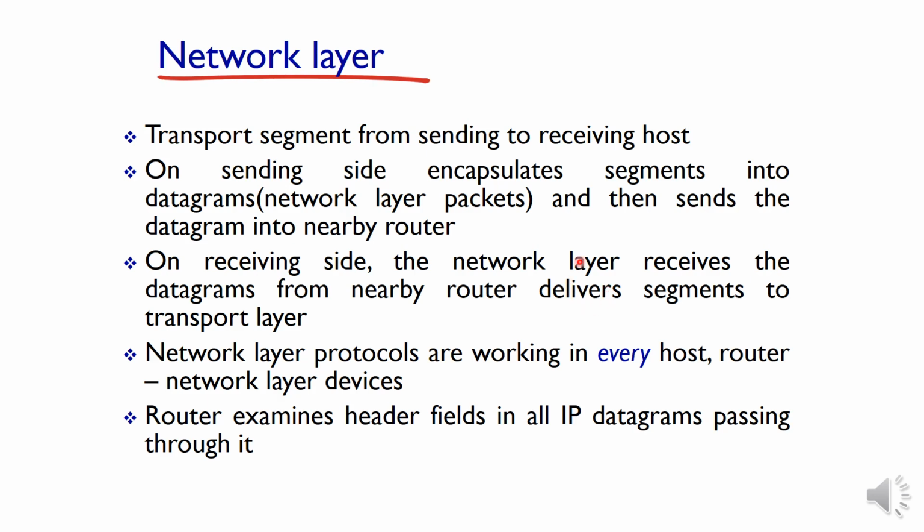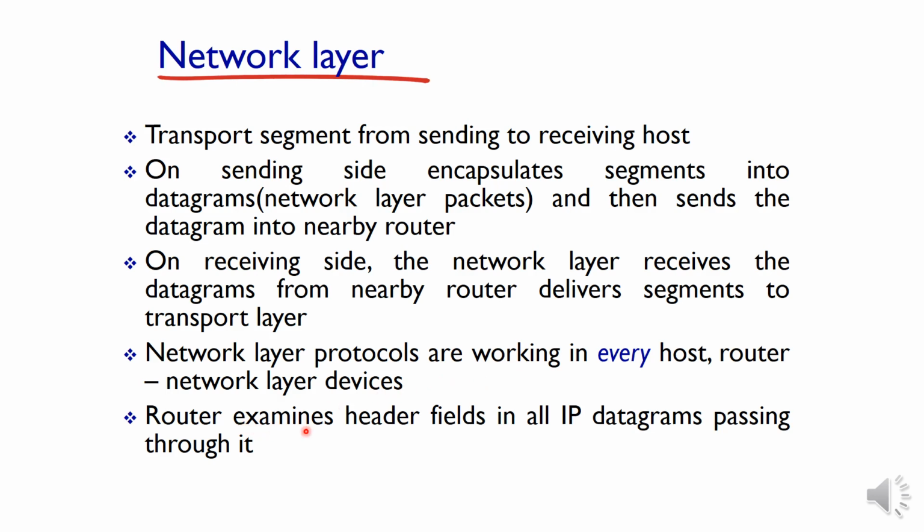So it is the reverse operation, combining the datagrams from the network layer and delivering them as segments to the transport layer. The network layer protocols are working on every host as well as mainly in the routers or any other network layer devices.